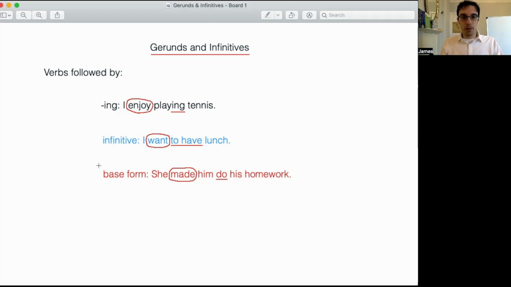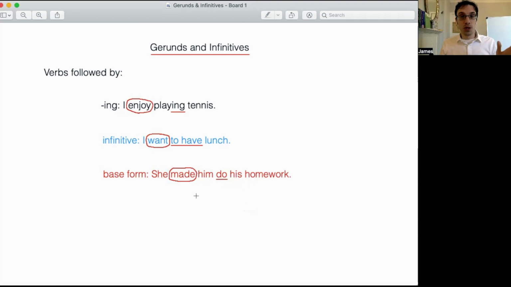Now, before we move on, we have fewer examples of things that are followed by the base form in English, but still some very important examples. So a word as common as make is normally followed by the base form, okay? So I've already put this in the past. She made him do his homework.